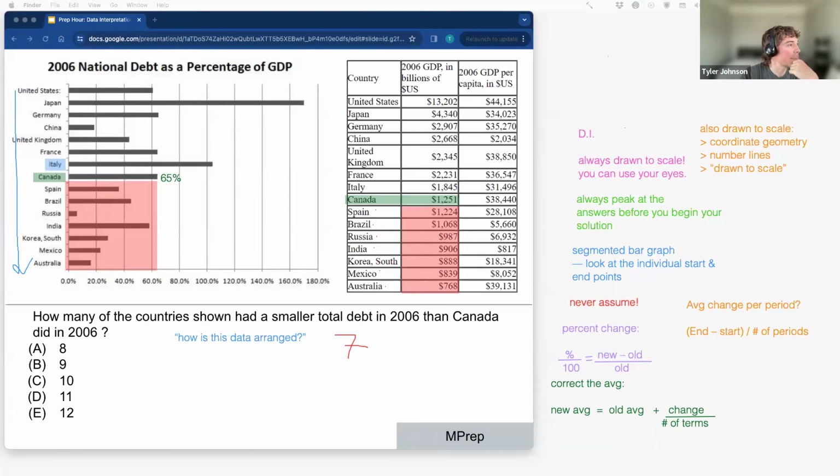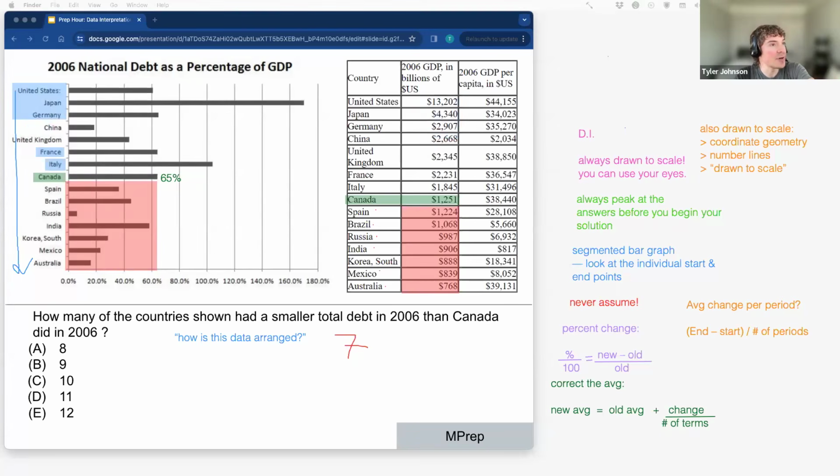France has pretty much the exact same percentage, but out of a larger total GDP. So that's going to be bigger than Canada. And same thing for Germany, US, and Japan. Those all have percentages either equal to, in the ballpark of, or greater than Canada, but they have some huge total GDPs. So that's all going to be bigger than Canada.